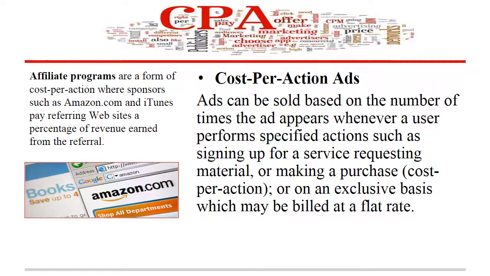Cost per action, or CPA, ads pay whenever a user clicks through and performs a specific action such as signing up for a service, requesting materials, or making a purchase. Affiliate programs are a form of cost per action where vendors share a percentage of revenue with a website that customers purchase directly from their online storefront.